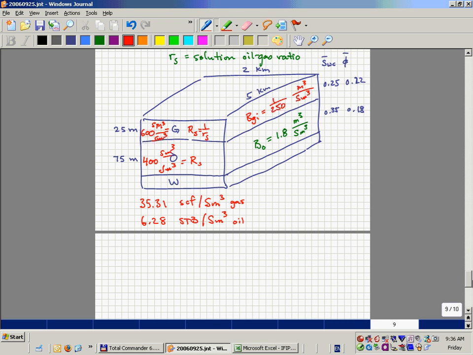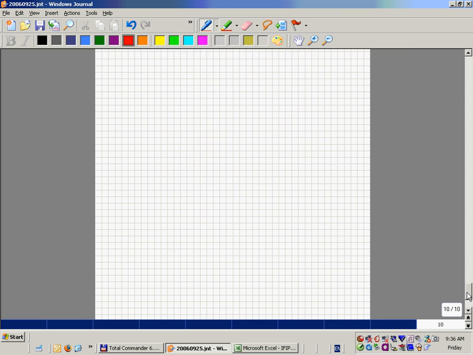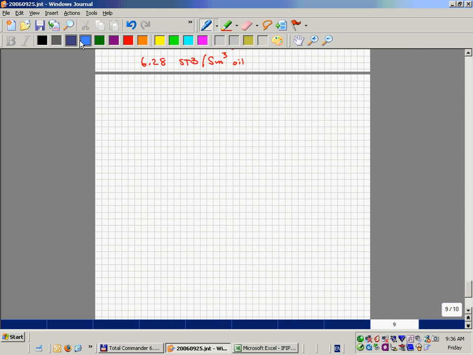So the first thing that most people are concerned about is the connate water saturation as a function of depth. Now, I'll make two comments.